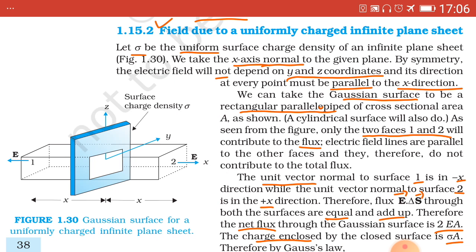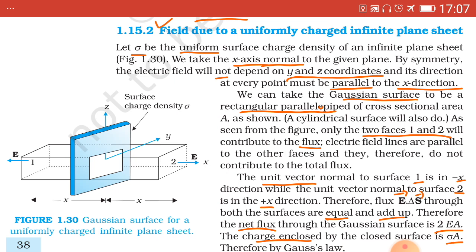Now as seen from the figure, only two faces, that is 1 and 2, will contribute to the flux, while the other faces do not contribute to the total flux. Why? Because electric field lines are parallel to the other faces. That is, phi equal to 0 for the other faces.